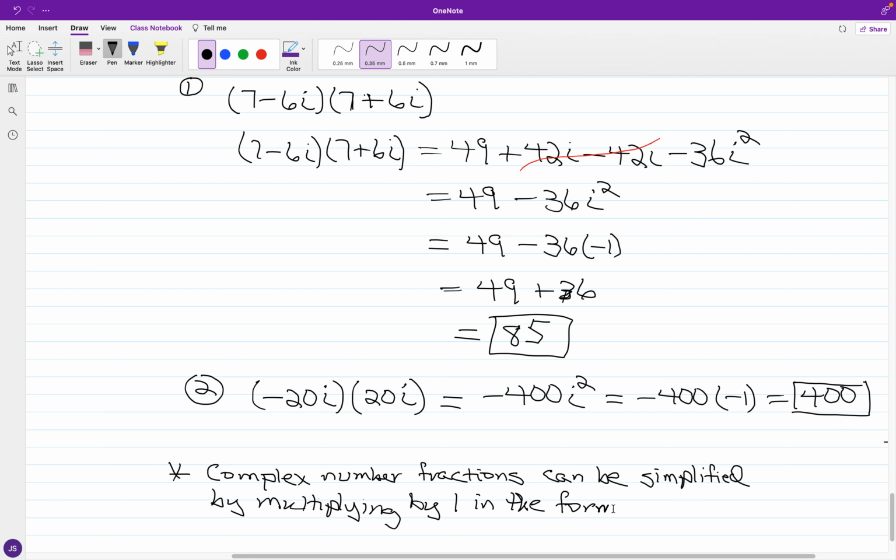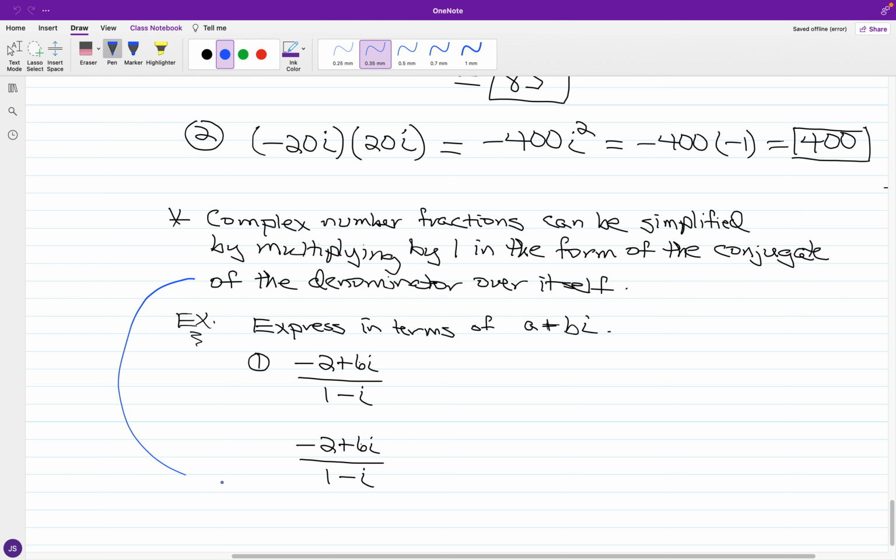Okay, so we've got (-2 + 6i) over (1 - i), and I'm taking the conjugate of the denominator over itself.